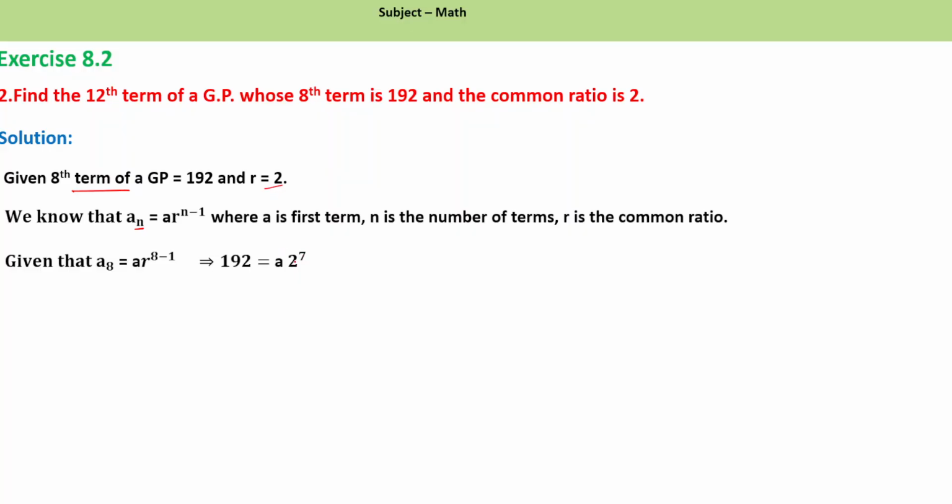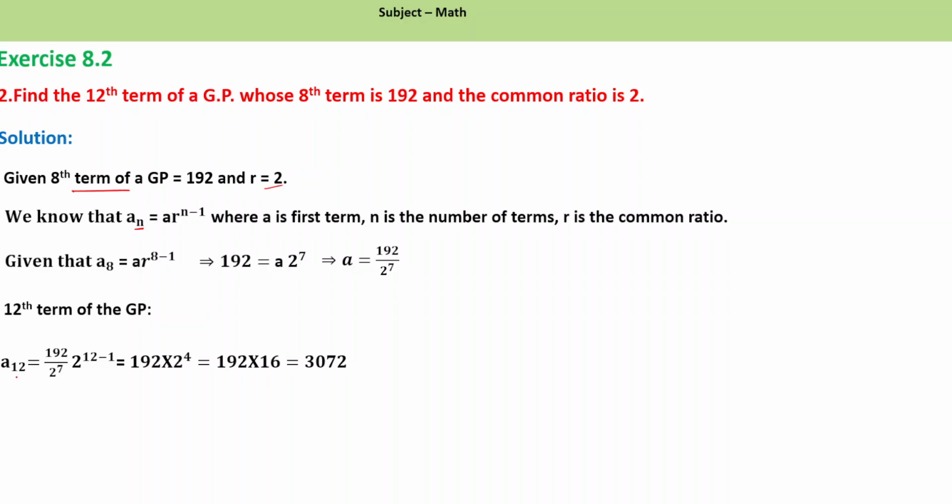Now A will be equal to 192 divided by 2^7. Therefore the 12th term of a GP is, in place of A we substitute 192 divided by 2^7, into 2^(12-1), that is 192 × 2^4, because 2^11 divided by 2^7 is 2^4, since a^m divided by a^n is a^(m-n).